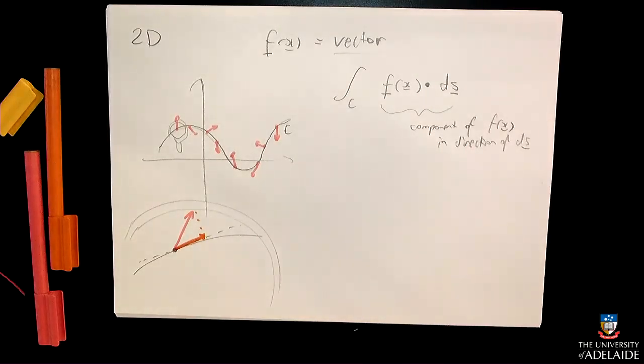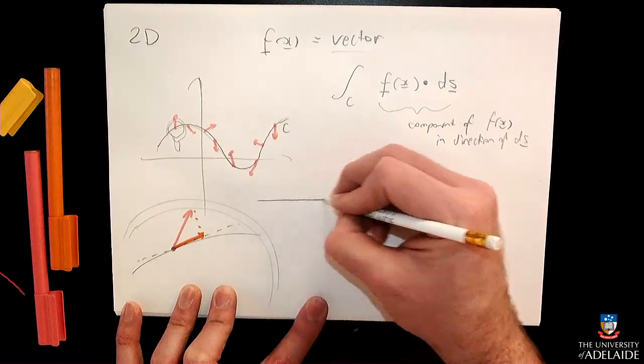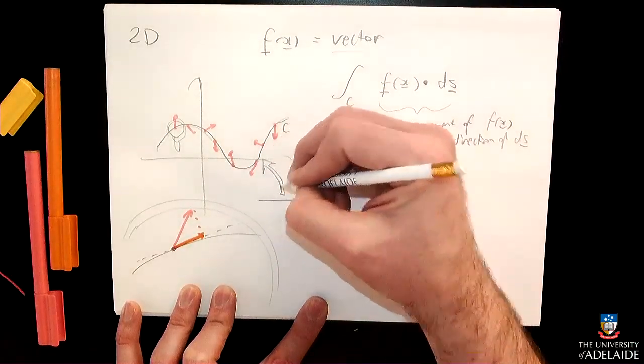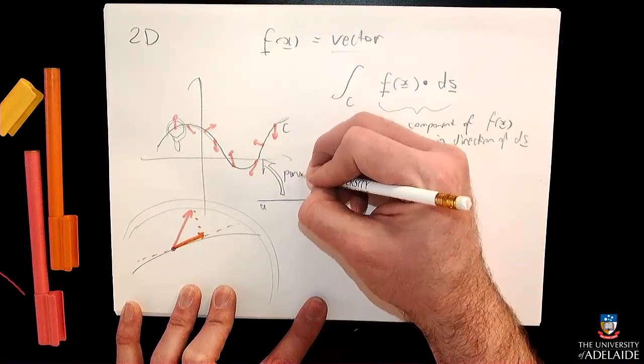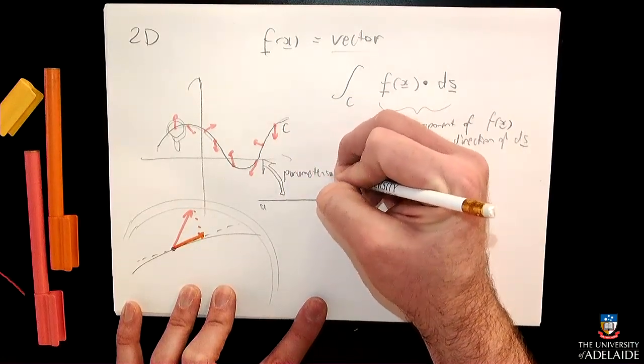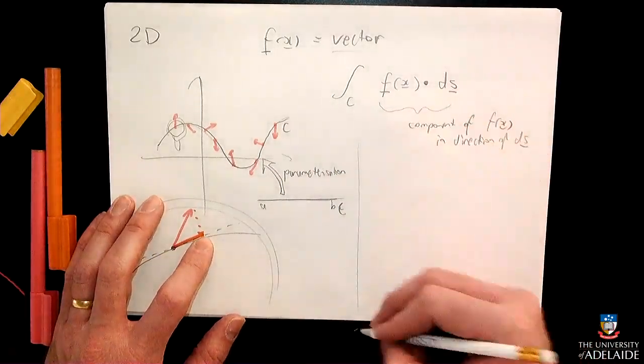As long as we've got a parameterization for our curve, we can do it. So we had our t, and our t produced our curve.